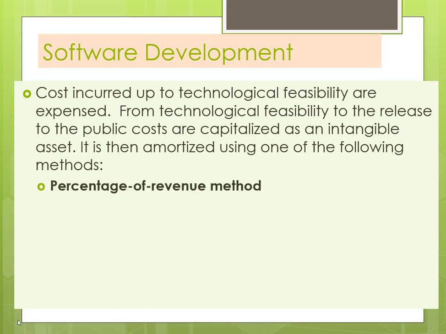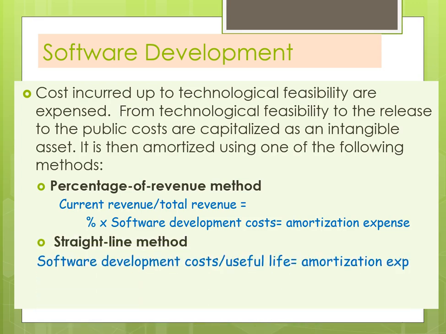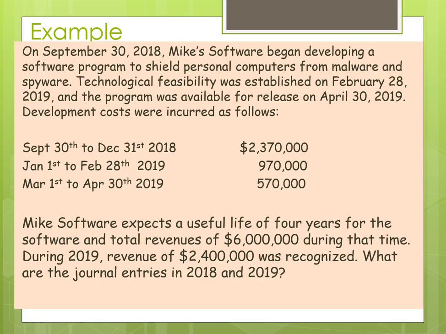First, we have percentage of revenue, which would be the current revenue divided by the total anticipated revenue to get a percentage, and you're going to take that times software development costs that have been capitalized, which gives you amortization expense. Or you can just straight line it, which would be the software development costs divided by the useful life.